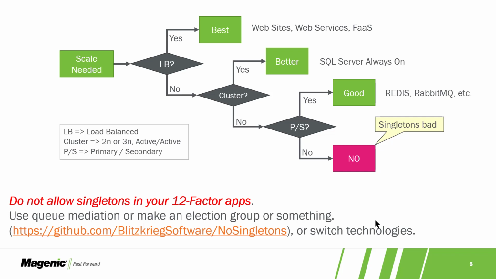And then the next best thing down from there is an electoral group, or sometimes they're called an election group, or things are queue mediated, and so every time we get a request, requester A and requester B will get different queue items, and that's okay. We like that behavior, and if we use leasing, you can go watch our other video on queue strategies about what that is. But the idea is that in an electoral group, you can have redundancy.